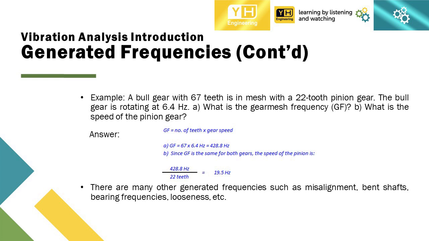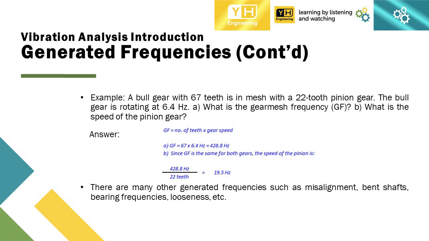Example: a bull gear with 67 teeth is in mesh with a 22-tooth pinion gear. The bull gear is rotating at 6.4 Hz. A. What is the gear mesh frequency, GF? B. What is the speed of the pinion gear? The answer is gear mesh frequency, GF, equals number of teeth multiplied by gear speed.